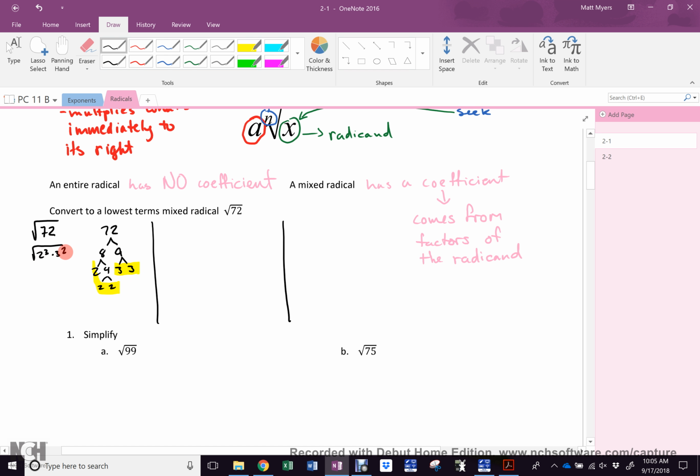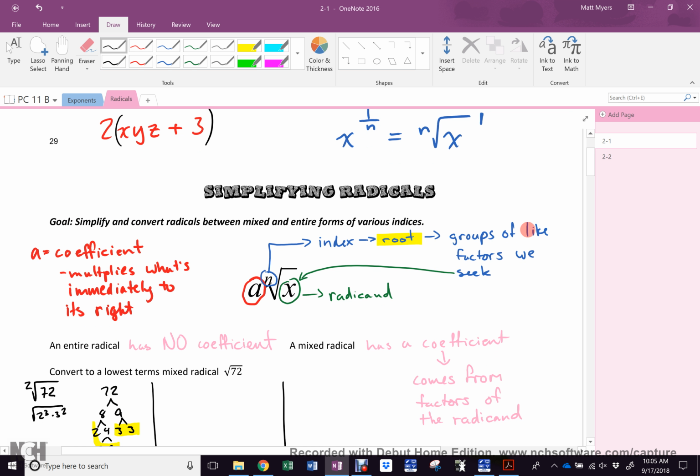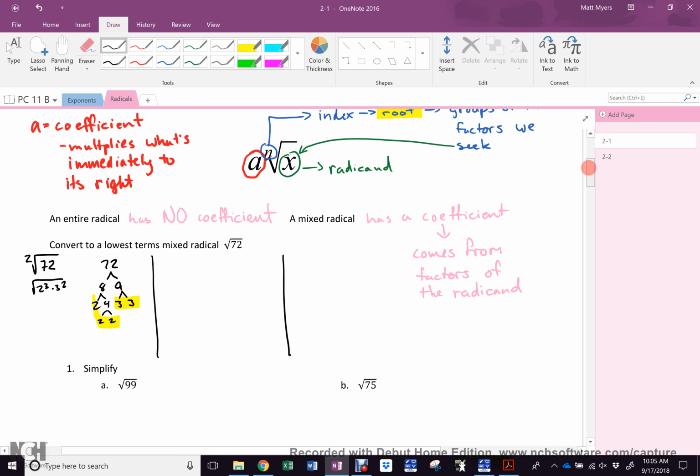Because this is the same as the square root of 2 cubed times 3 squared. Is everybody remembering this? Now, 2 cubed, there's no little index there. When there's no index there, the index is a 2. Now, I reminded you up here, the index tells me the groups of factors we are seeking. So since it's a 2, I am looking for groups of 2.